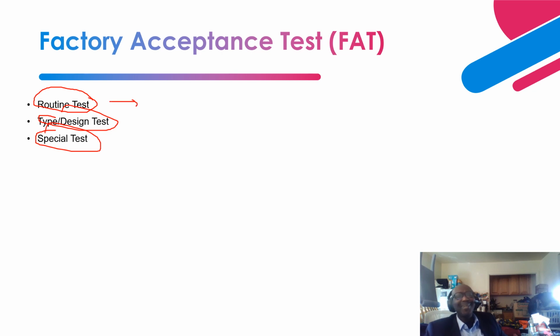You have to list at least a minimum of about four tests for routine tests, about four for design tests, and about two or three for special tests, right? That itself tells the interview panel that this guy knows what he's talking about, right?